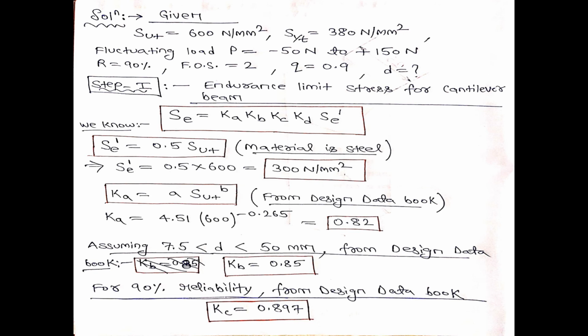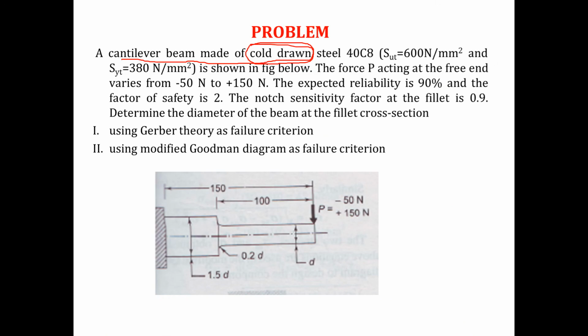Yes, sir. Okay. Next is KB. What is KB? KB is my size factor. And if you see in your data book, KB depends upon the diameter of the component. But in the given problem, I need to find out the value of diameter. Then how can we find out the value of KB?